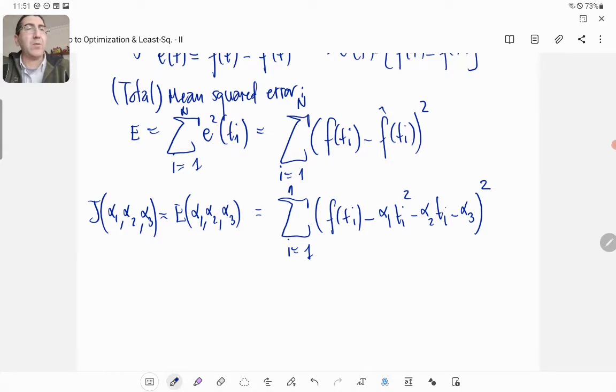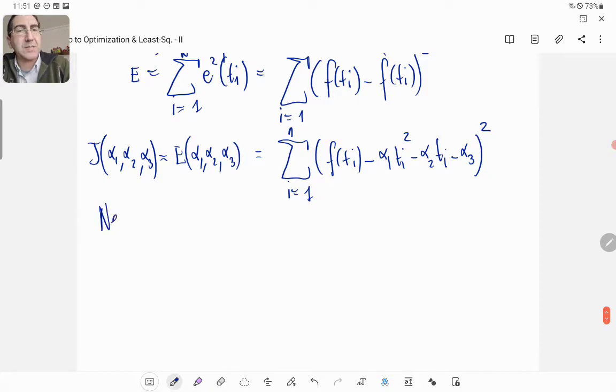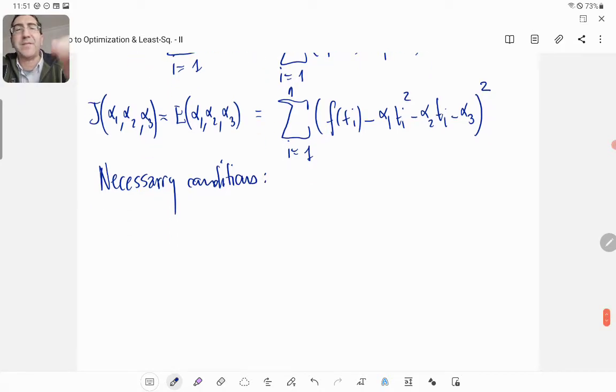Now the necessary conditions. You see I'm following exactly the same approach. What I need is 3 different derivatives with respect to each alpha i.